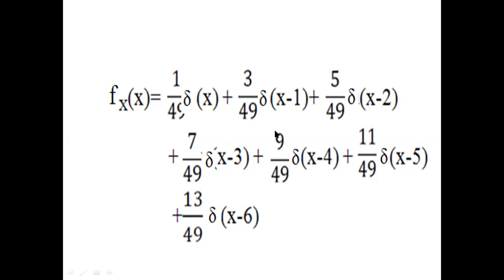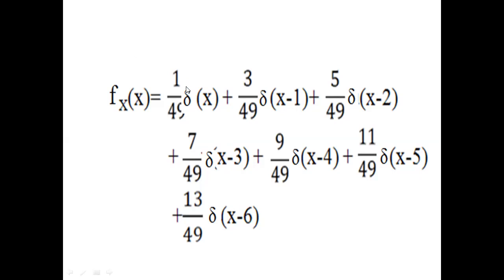So this is the required density function. Here the density function means the density function of the particular event is same as the corresponding probability.